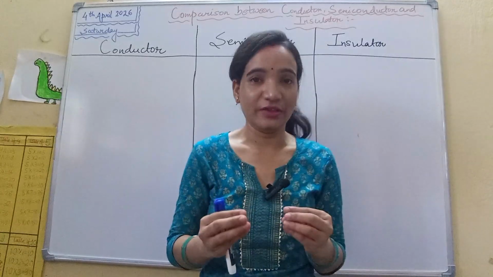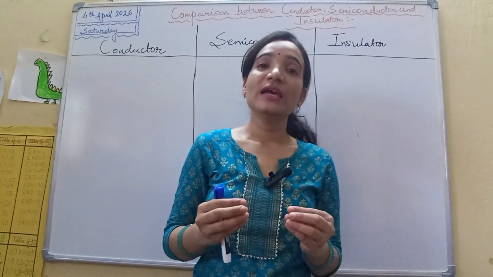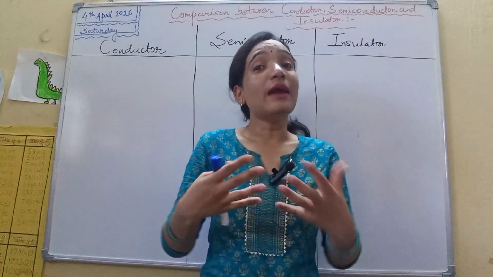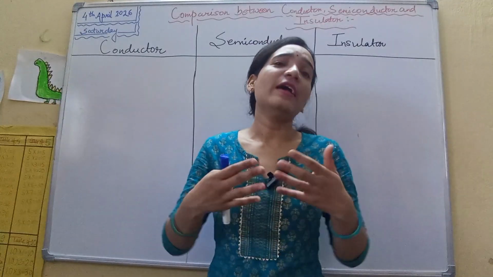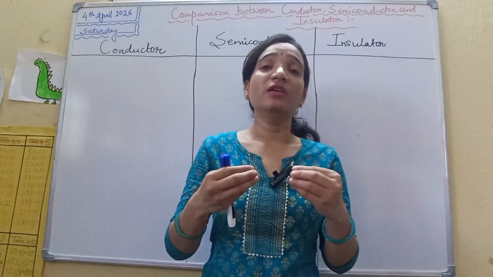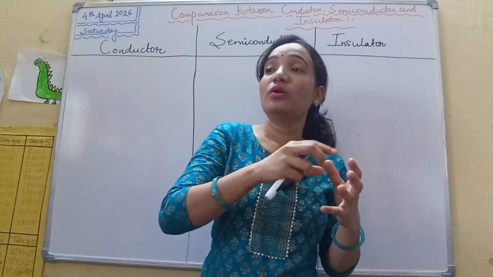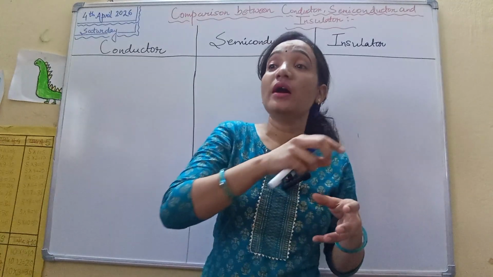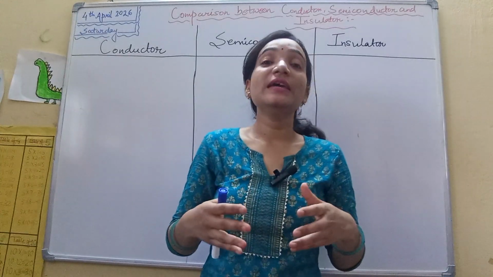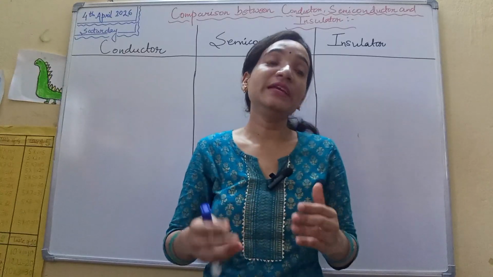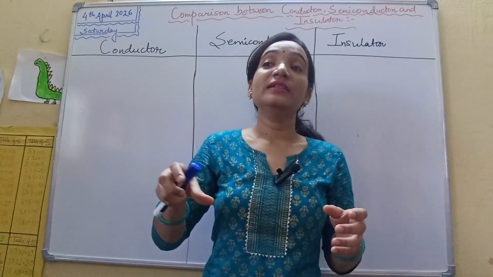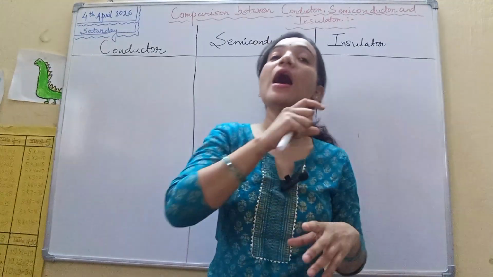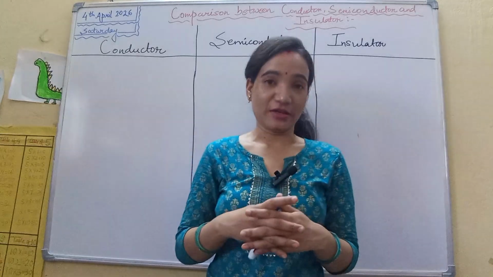So what is conductivity? Conductivity is something that allows the device or the element to conduct. It is the ability of how well there is the flow of electrons, how well the current can pass through it.